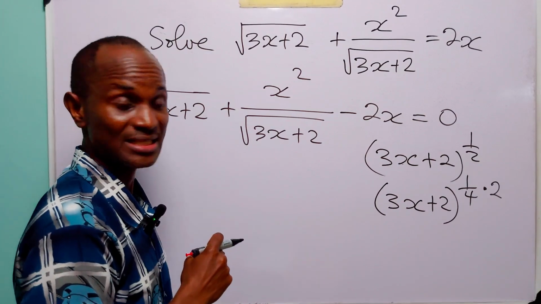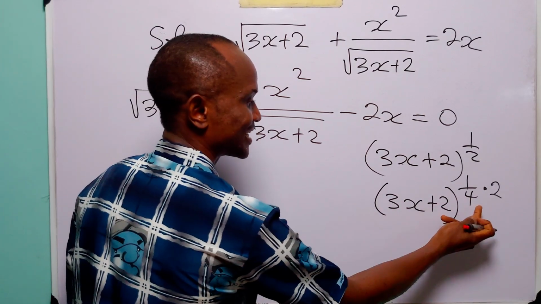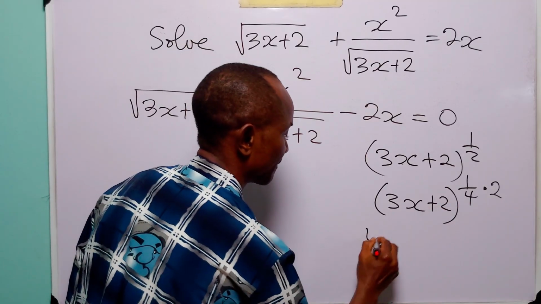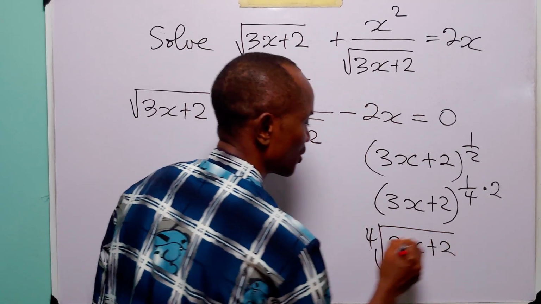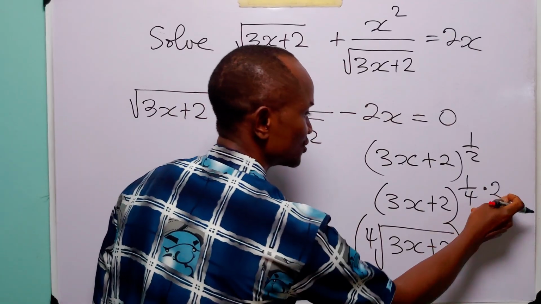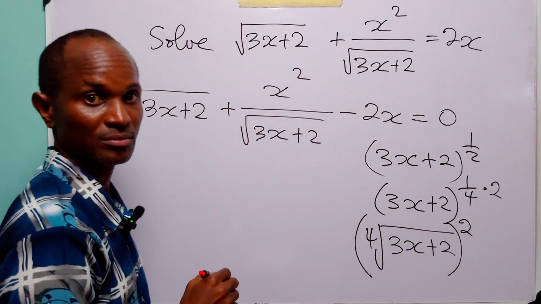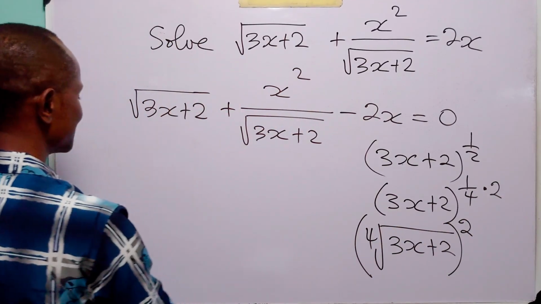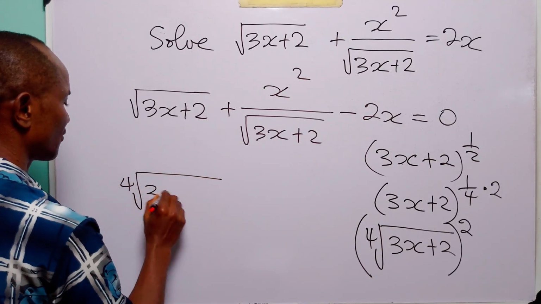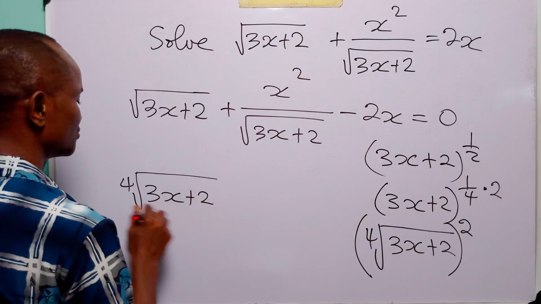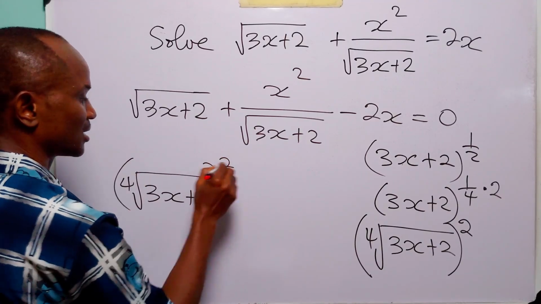According to our laws of indices, we can write this as the fourth root of 3x plus 2 raised to power 2. So we can write this as the fourth root of 3x plus 2, squared.